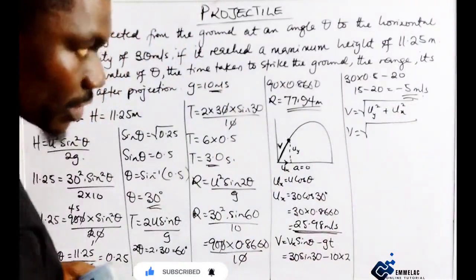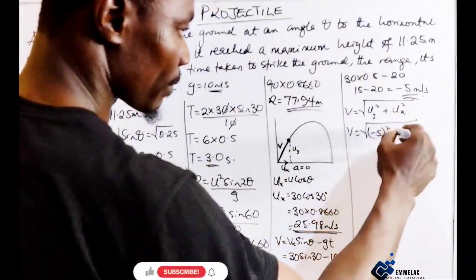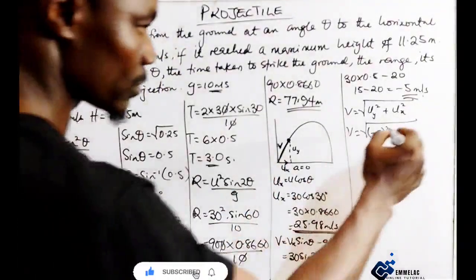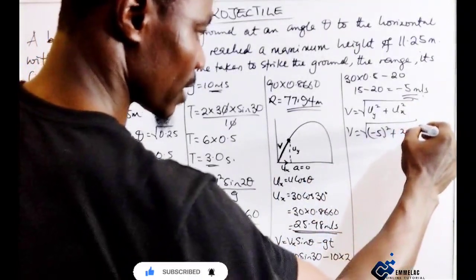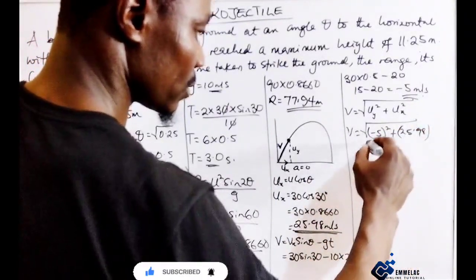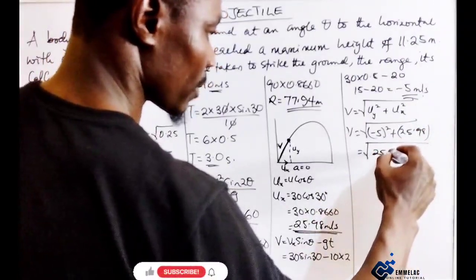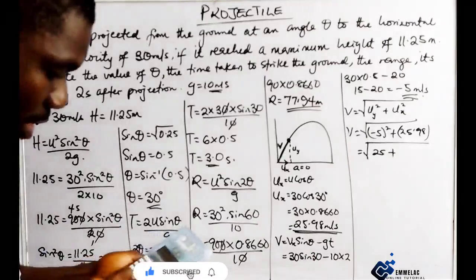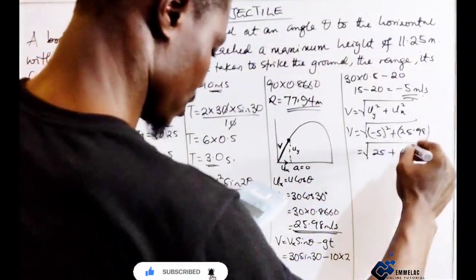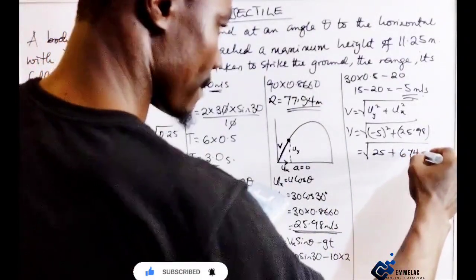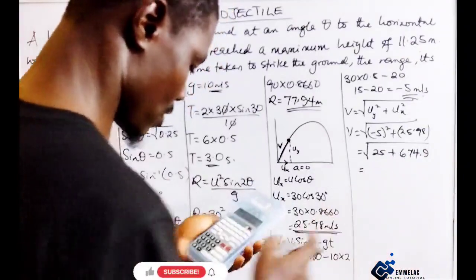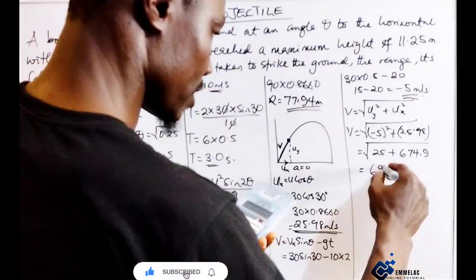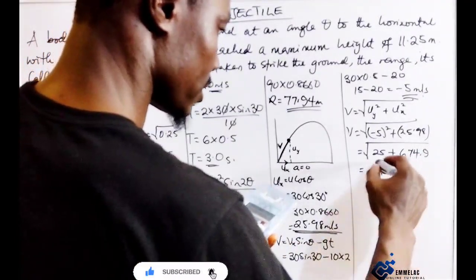The vertical component of velocity is minus 5, and the horizontal component is 25.98, which is approximately 25. Squaring, we have 674.9, and when you add 25, we have 699.96.